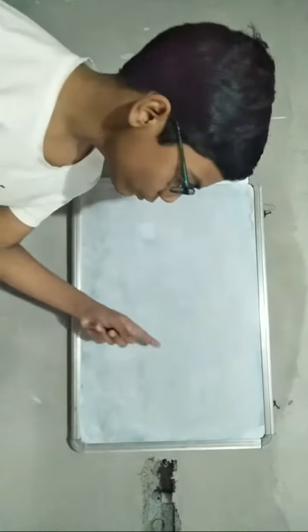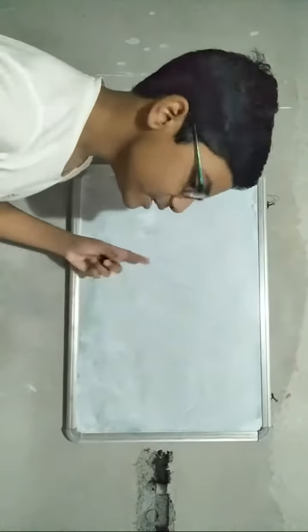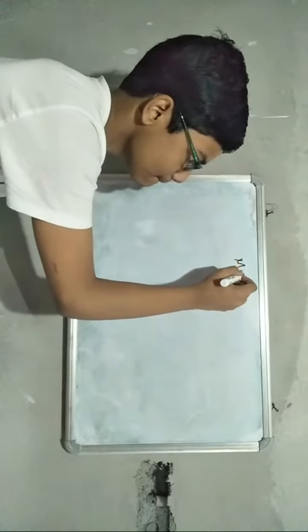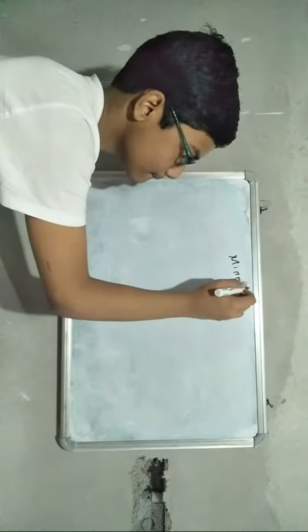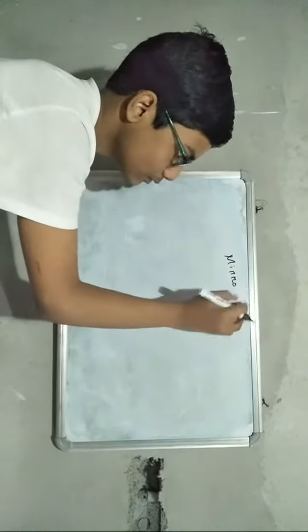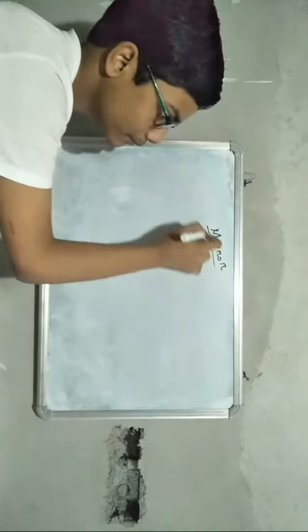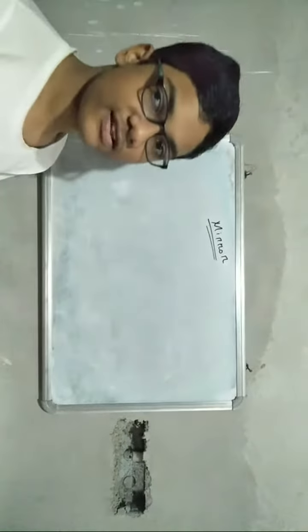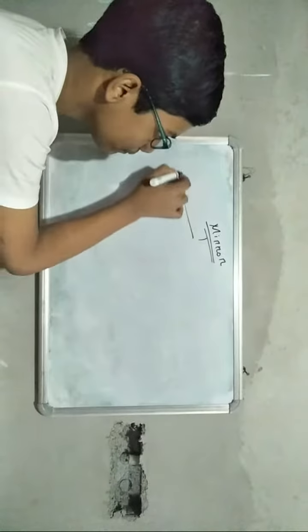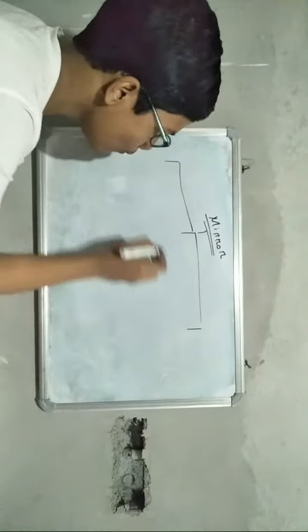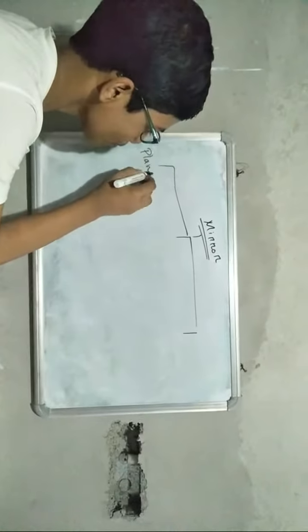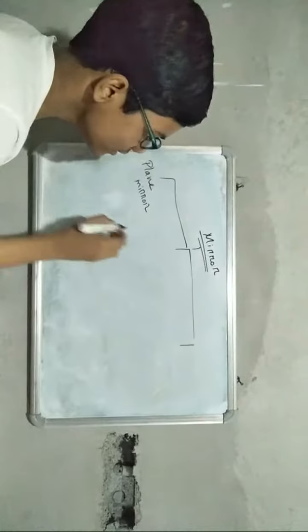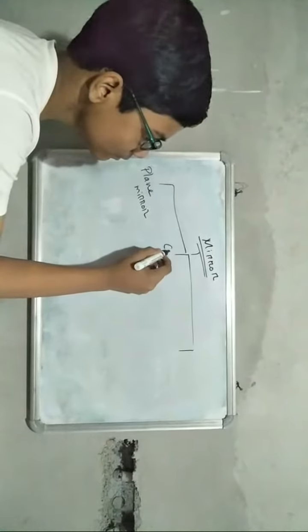So we are now going to some mirrors. Mirror is also classified into three types. One is the plane mirror. The next one is the concave mirror.